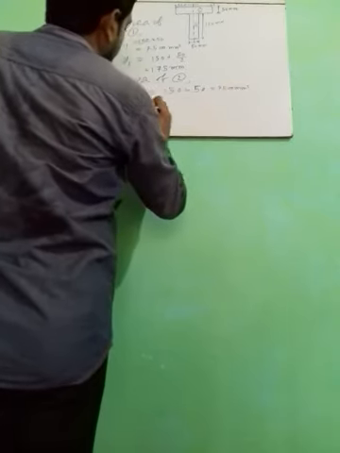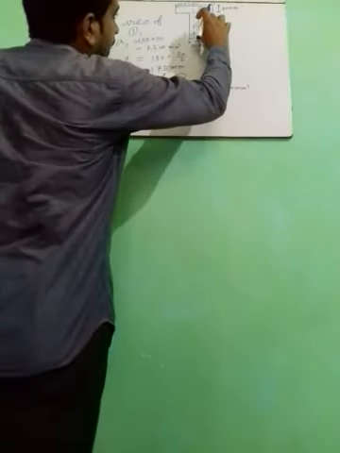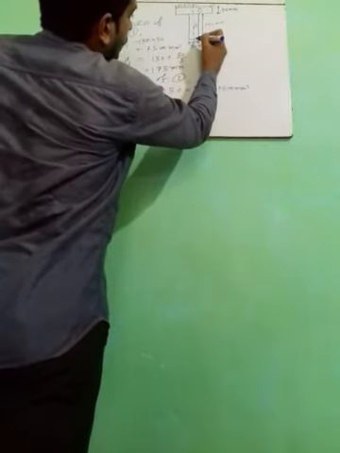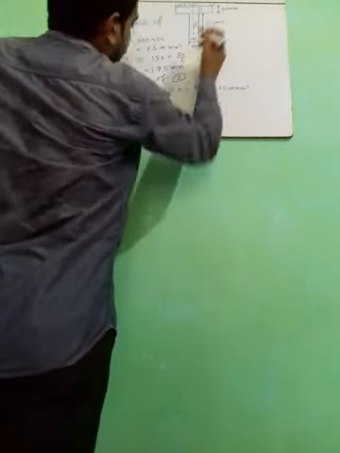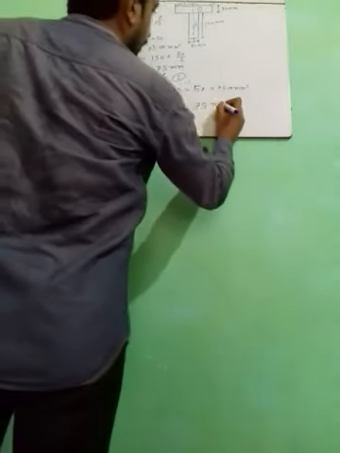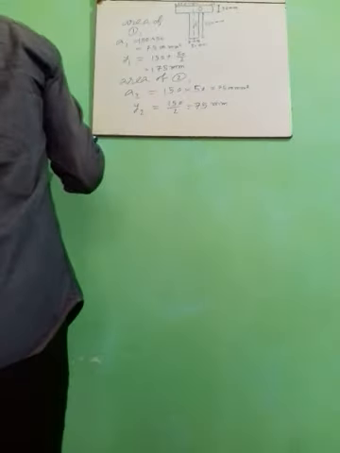And for this figure, y2 will be only this. This is figure A2. The total length is 150, so y2 will be half of this length, that is 150 by 2, equal to 75 mm. So y2 is 75 mm.